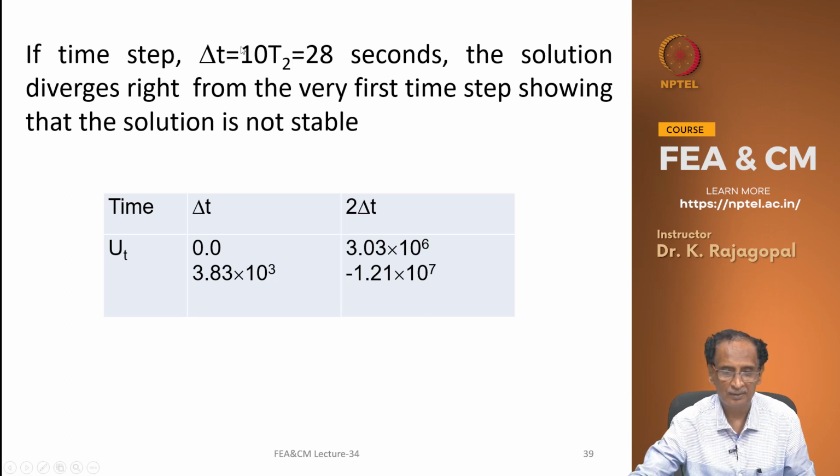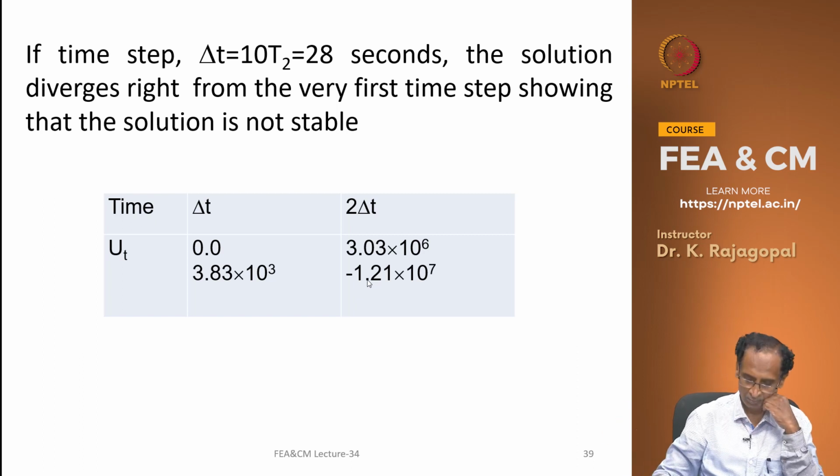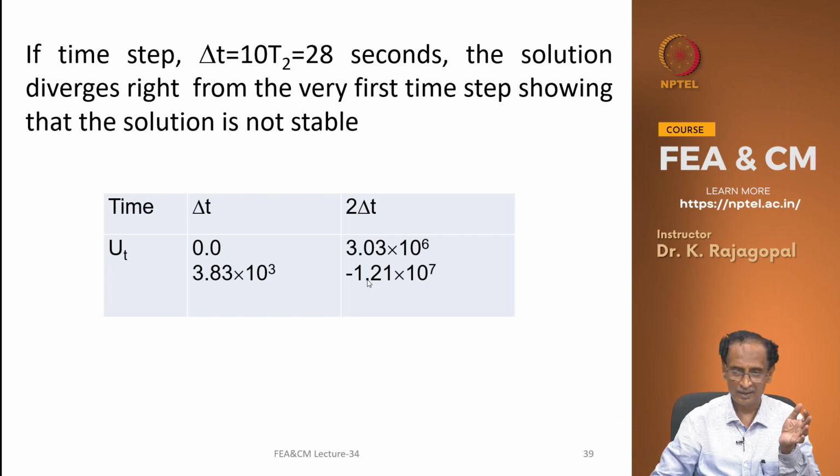But then if you use a delta t of 28 seconds, this is what we get. At the first time step delta t, our displacement is some 3830, and at 2 times delta t, the displacements are even larger. So we can say that it has started diverging, and so it's an unstable solution.